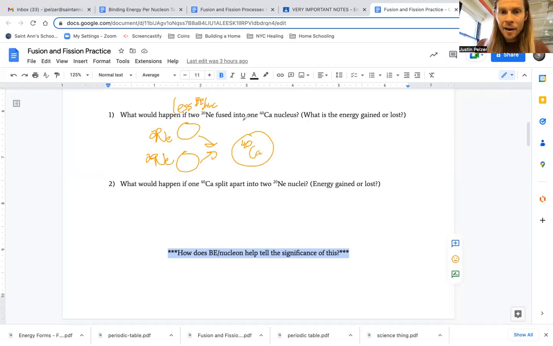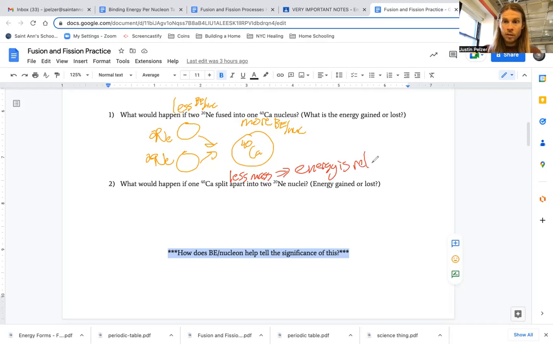Now, if we actually added up the masses, like you've done, for neon and calcium from the table that's just above here, you would see that there's less mass on this side, that the calcium has less mass, which means energy is released.